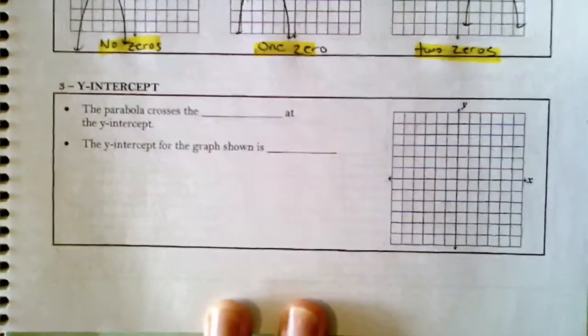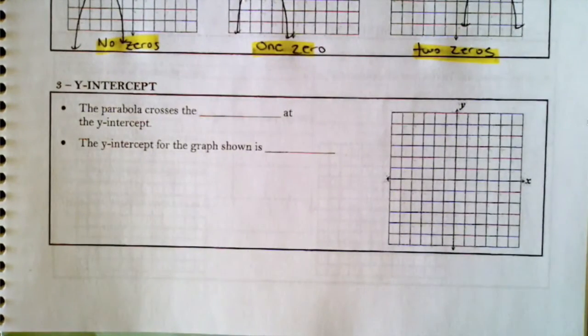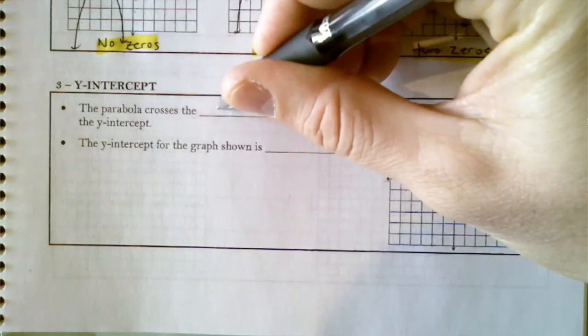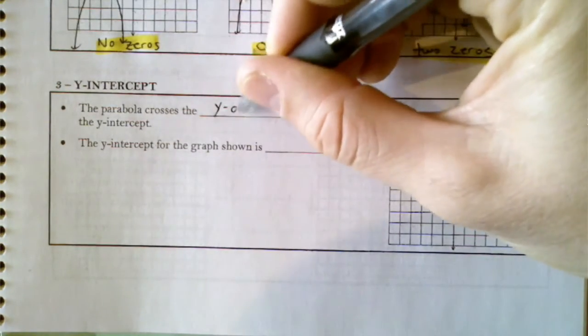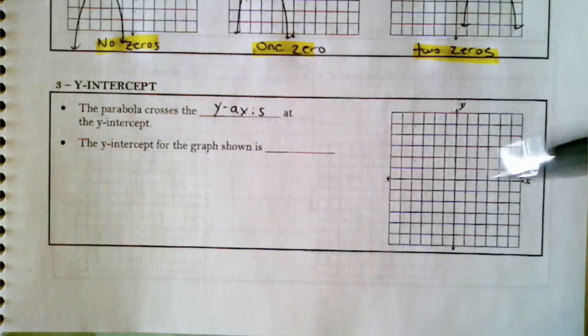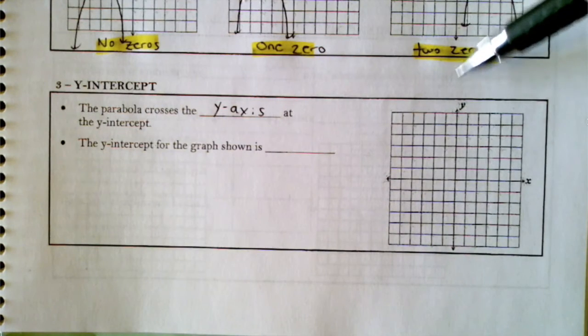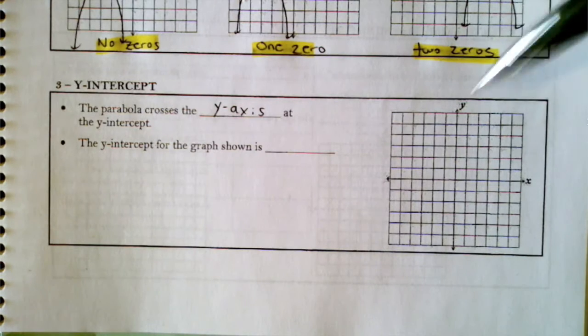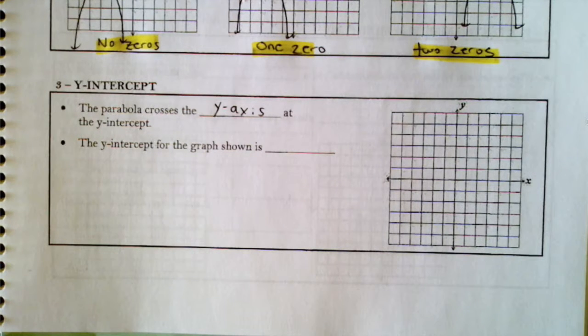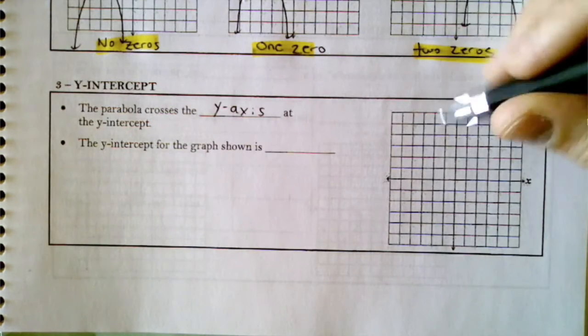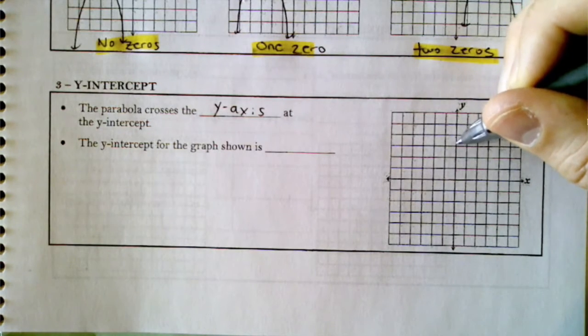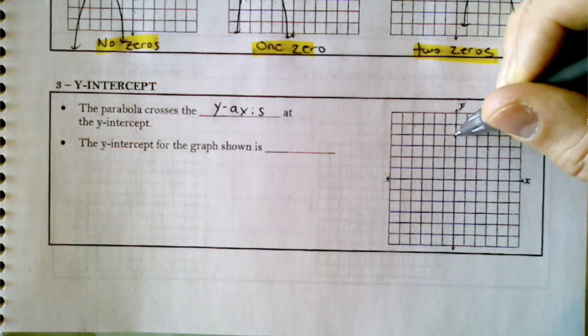Y-intercept. The neat thing about the y-intercept is there's only one scenario. The parabola has to cross the y-axis. Now, depending on how big your graph is or scale, it might not cross until way up here, which makes it hard to tell what the y-intercept is, but it's still always going to cross. So I'm going to draw two graphs. Let's say we're going to cross here.